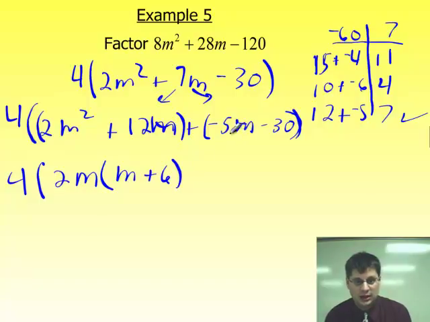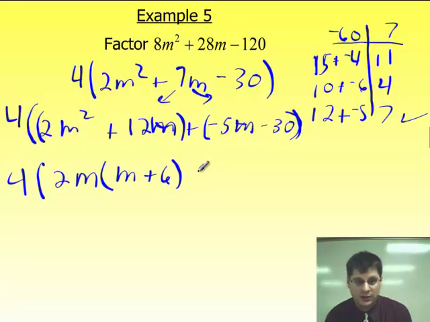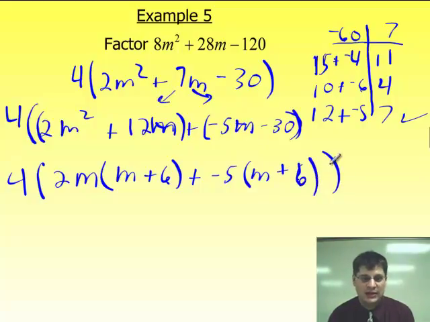And then here, I want the first term to be positive, so I'm going to factor out a negative, and it looks like a negative 5 would be the largest thing I can pull out. So plus negative 5, and then m, because I factor out a negative, it's going to become plus 6. And see, I have an m plus 6 here as well, which tells me, hey, I did that right.